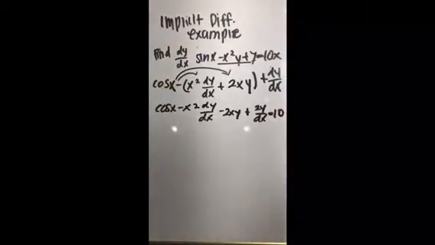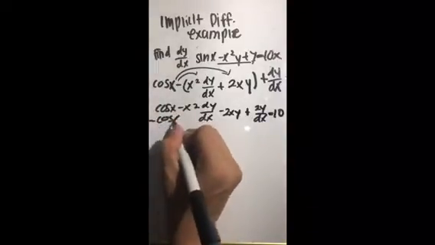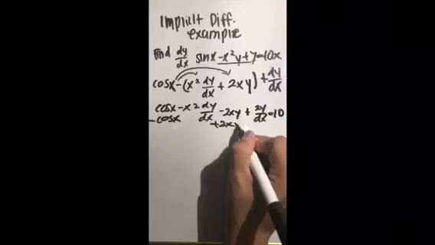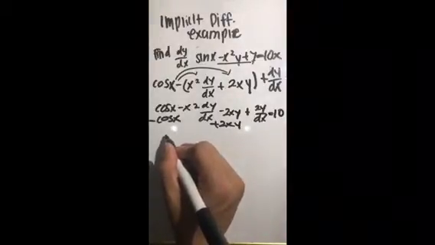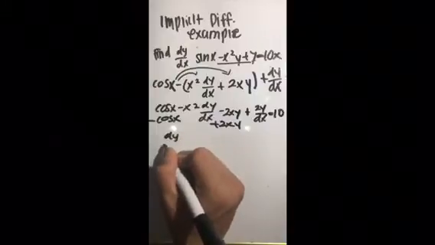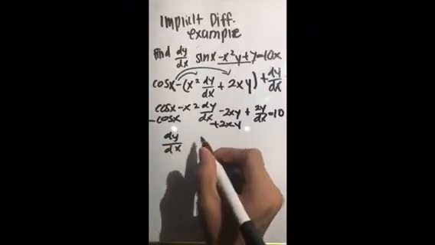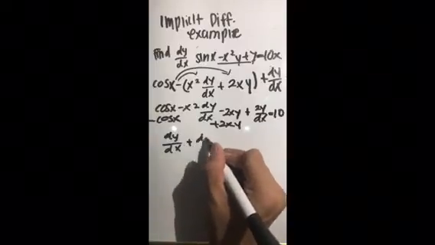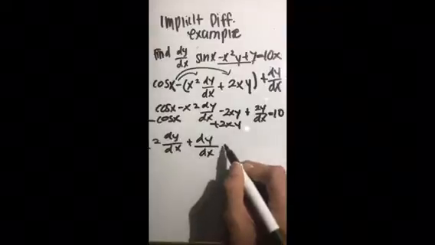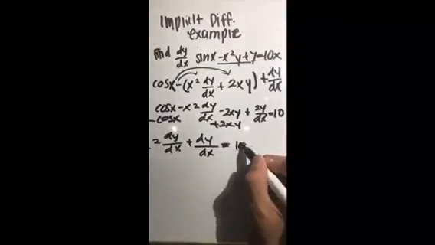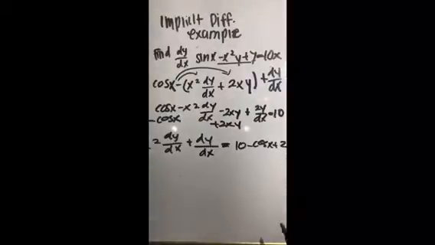And then from there, we can move some things to the other side by subtracting cosine x and adding 2xy, which comes out to dy/dx plus dy/dx. Oh, and I forgot my x squared. And then it is equal to 10 minus cosine x plus 2xy.